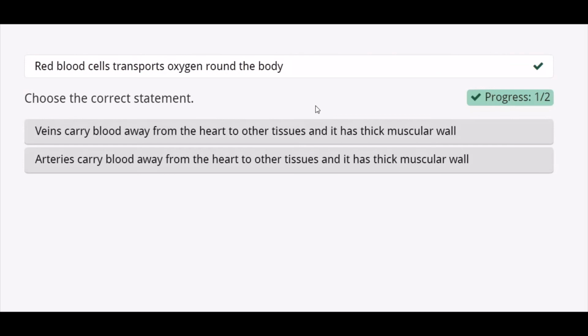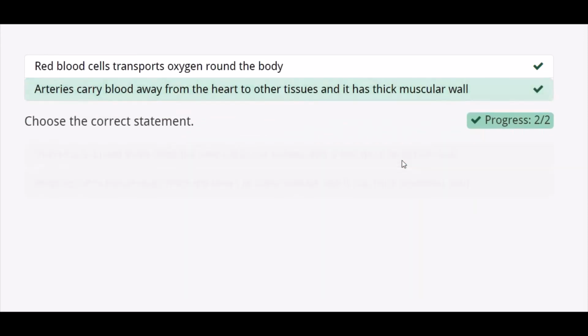Correct. Choose the correct statement again. Veins carry blood away from the heart to other tissues and it has a thick muscular wall. Is that correct? No. Arteries carry blood away from the heart to other tissues and it has a thick muscular wall. Is that correct? Yes.